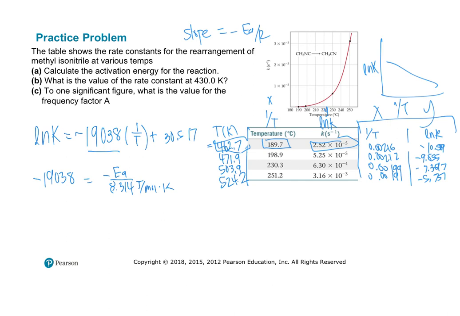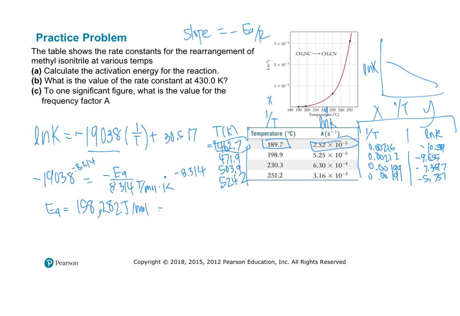Now I'm going to multiply by negative 8.314 on both sides to get my activation energy value equal to 158,282. And that will be in joules per mole.